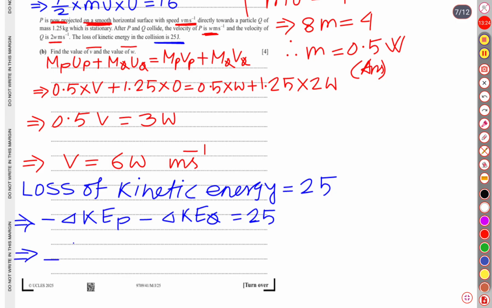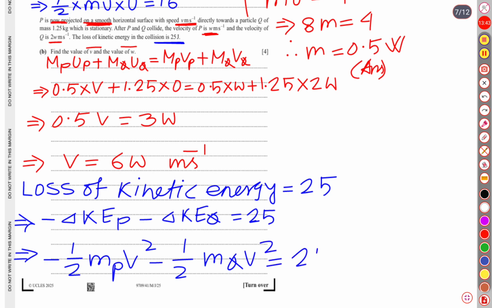So negative half m, mass of particle p, then v square, minus change in kinetic energy is the same concept, the mass of particle q, then v square, and our right side is 25. Now let me see what to write in the next part.